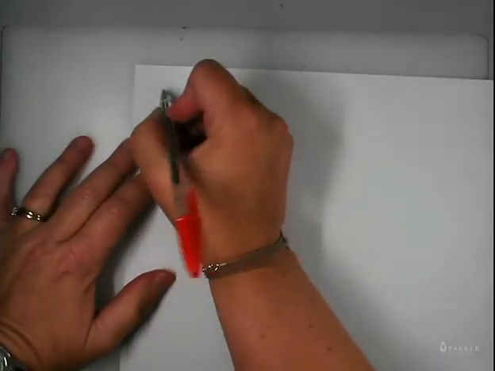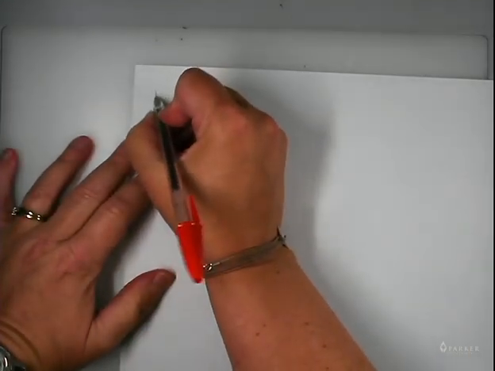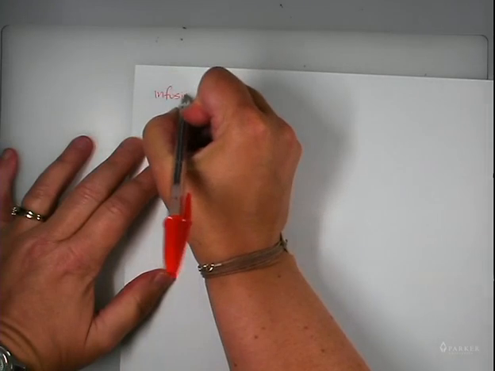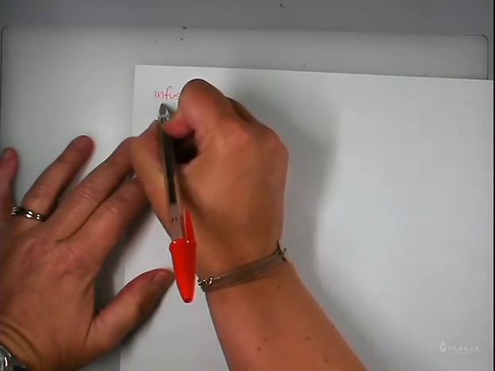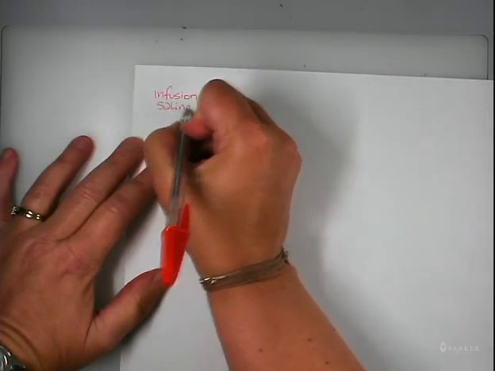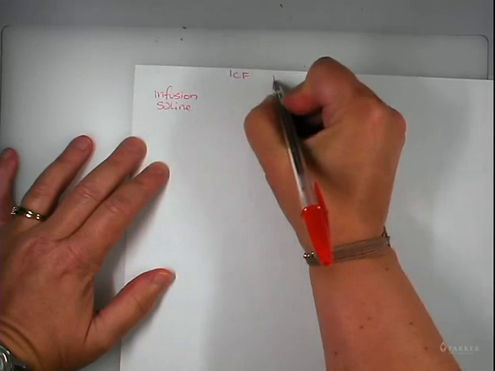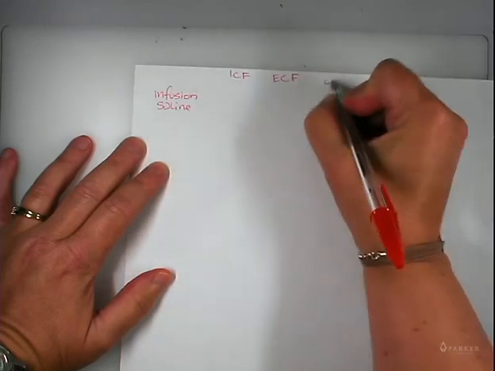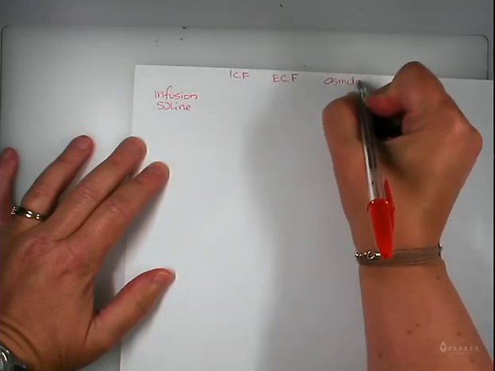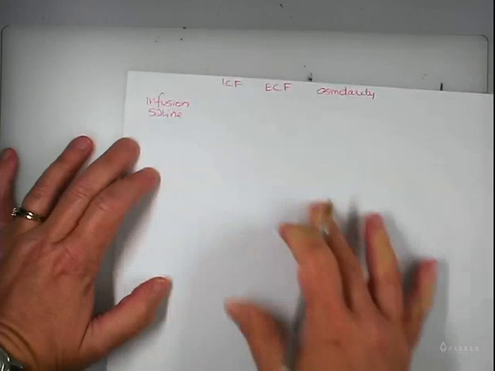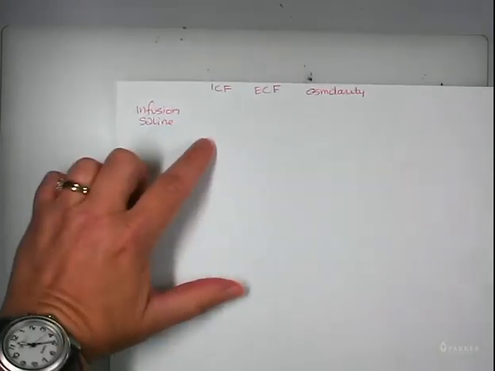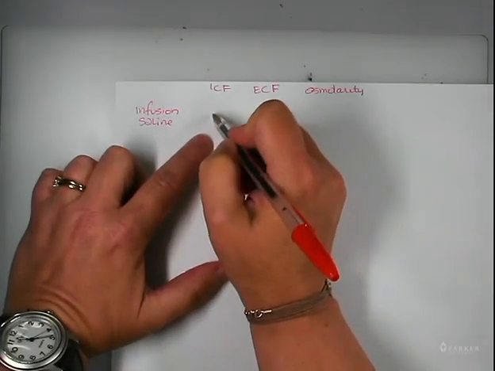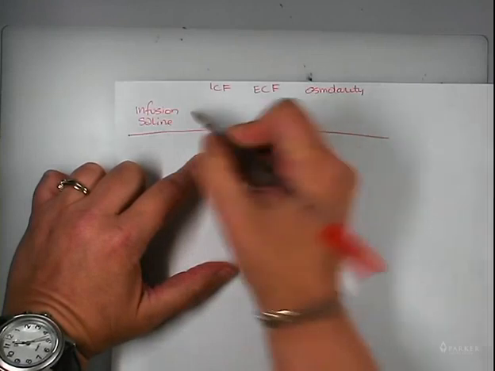So let's make a table so you can get it. We'll just make a table real quick. Someone tell me real quick, we said infusion of saline. So ICF volume, what did it do for infusion of isotonic saline?